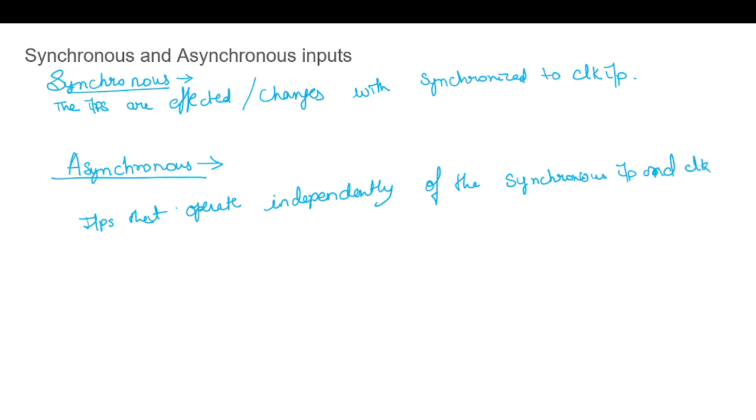So the synchronous inputs are the inputs which change the output synchronized to the clock input, and the asynchronous inputs operate independently of the synchronous input or the clock. Okay, so these are some definitions I just wanted to share.